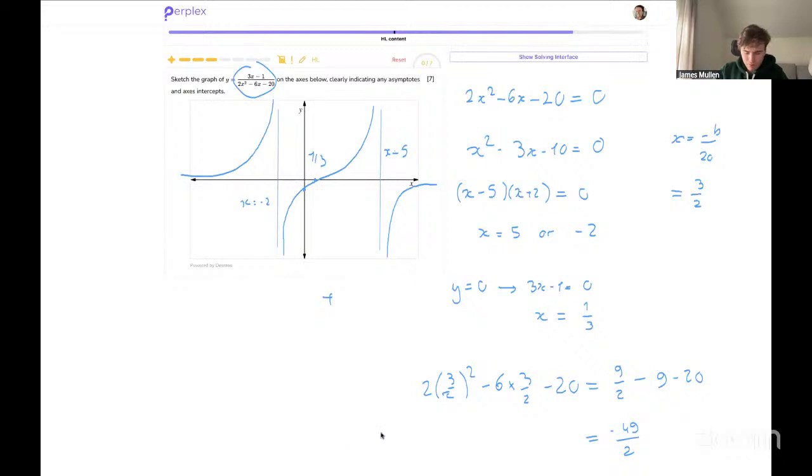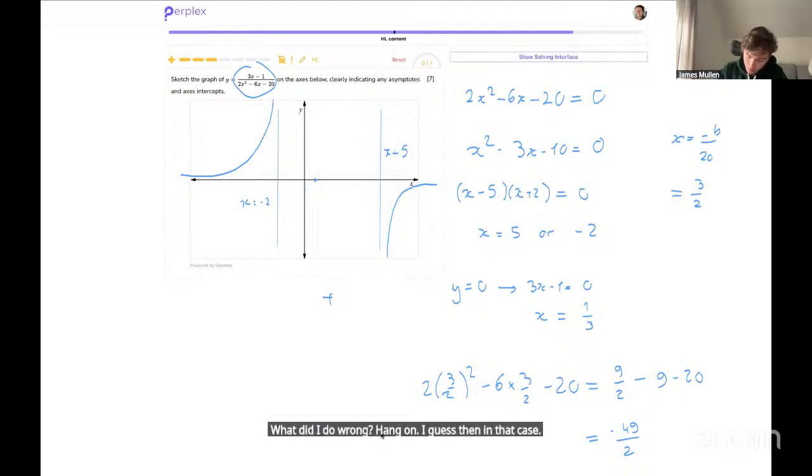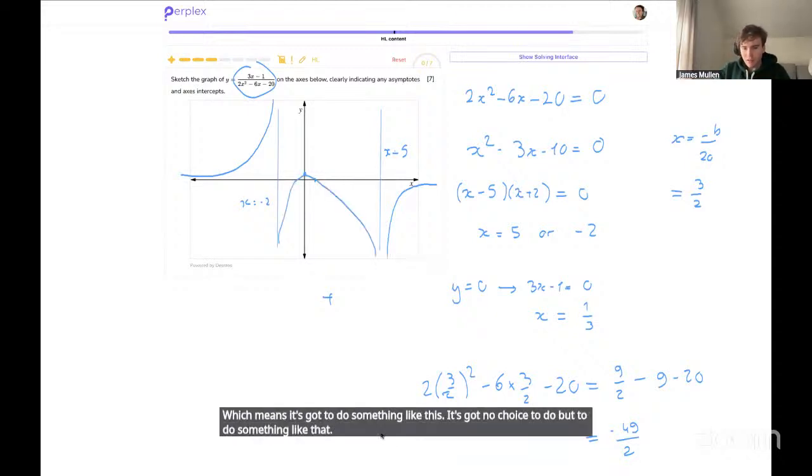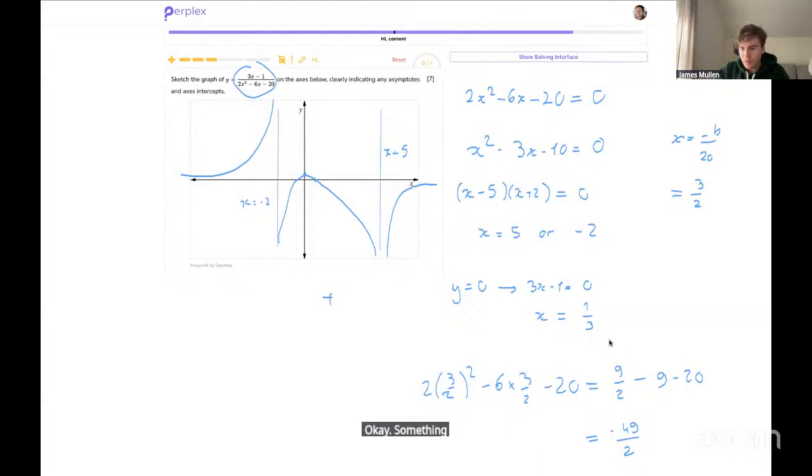Hang on. I guess in that case, the function probably will have a maximum, because I know it has to go through 1/20 here like that, which means it's got to do something like this. It's got no choice but to do something like that. Something tells me that's wrong though, so let me just check.